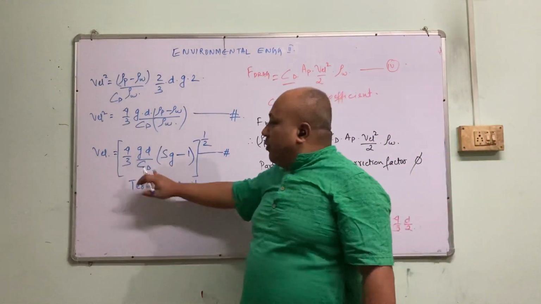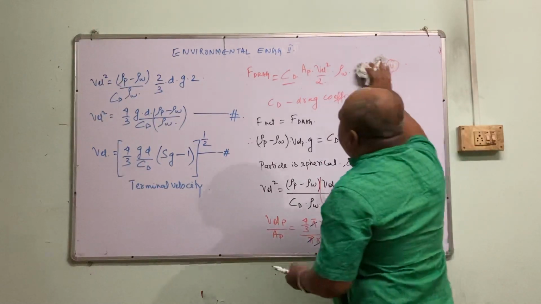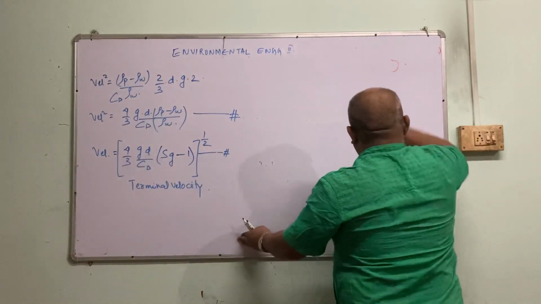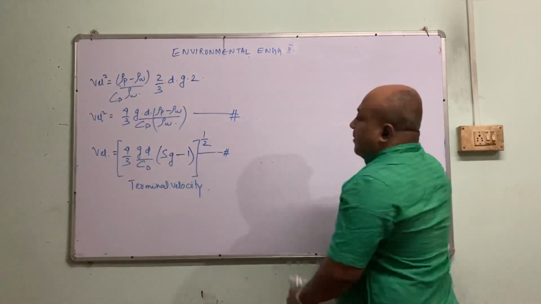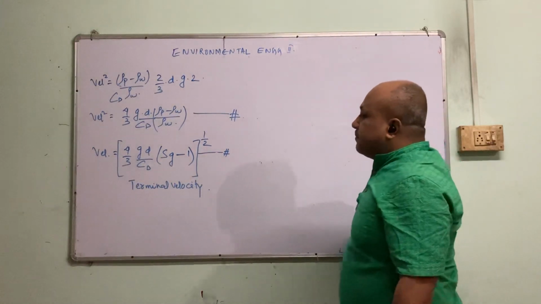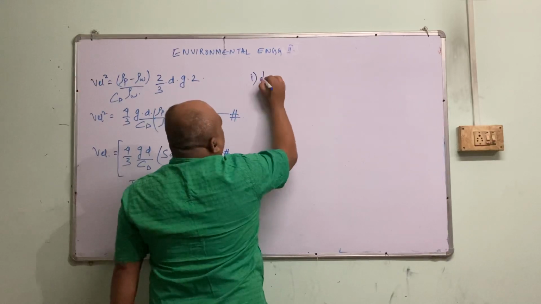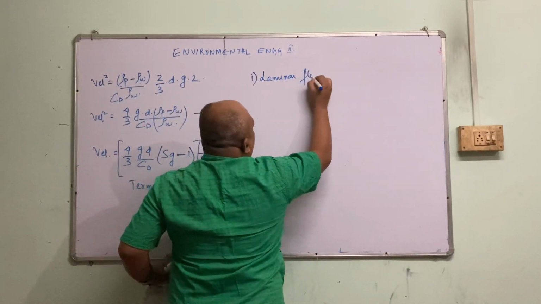Based on the type of flow, the value of CD will change. Now we'll see. Number 1, laminar flow.